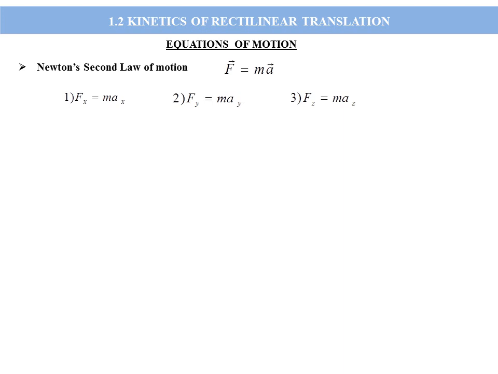You should also remember that the acceleration in y and z direction has nothing to do with the force in x direction, since the force in x direction depends only on the acceleration in x direction. It has no relation with the acceleration in y or z direction. Now, if a body is moving, it might have acceleration in only x direction.